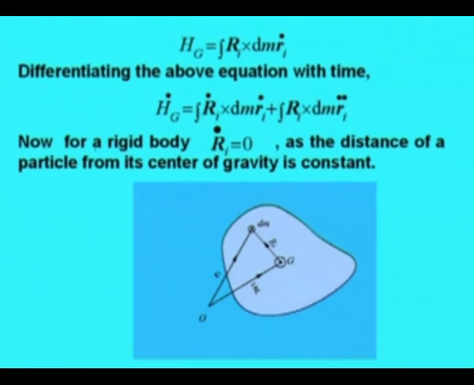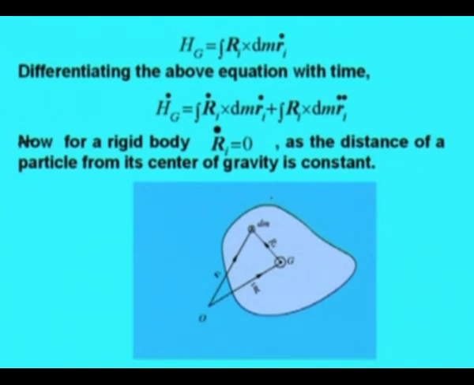Now it can be easily shown. If the body is moving in a translatory mode, then Ri remains in the same direction and Ri dot is 0, because the distance between the particles of a rigid body cannot change.